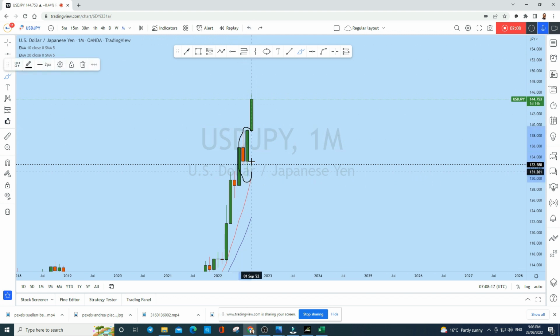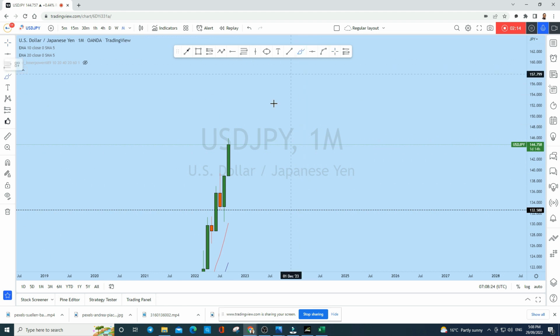After this kind of bullish engulfer in such an important area of value in an uptrending market, you can expect a couple of monthly candles to be printed at the top. That means we have a high probability for dollar yen to continue to go up further from the monthly perspective.